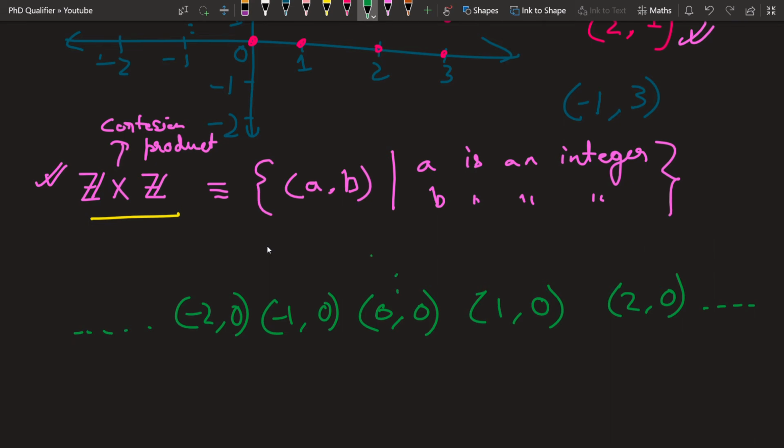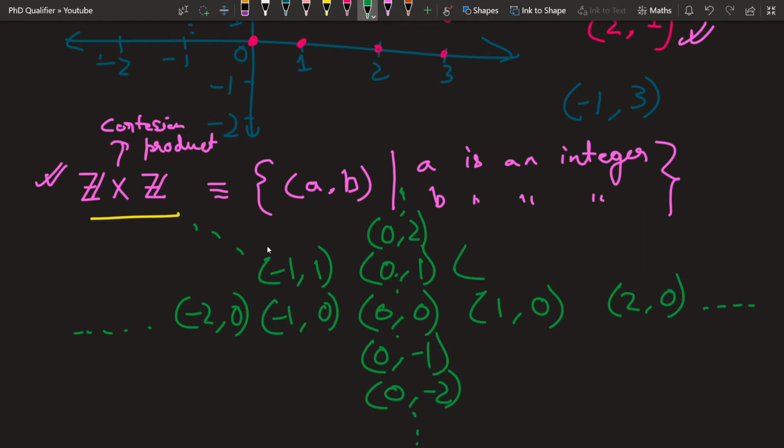And as you go up you will have 0 1, 0 2 and so on, and at the bottom you will also find a lot of points. As you can see, I'm not getting anywhere near counting all these numbers. So it goes on in all directions, and it's just hopeless. I cannot think of counting it like this.